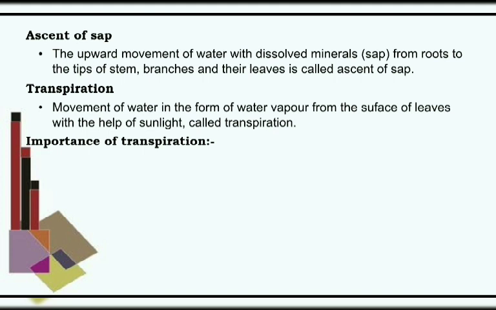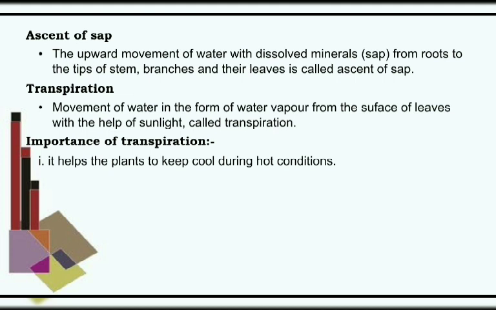Side by side some minerals are also transported from the soil to the leaf, so transpiration also helps to transfer minerals. When water moves from down to upward, it also maintains the temperature of the plant.